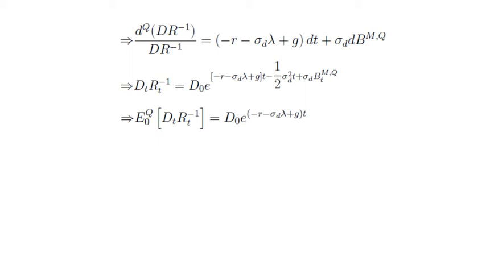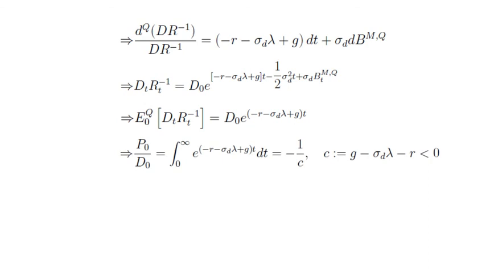So going back to the pricing relationship, we therefore know that the price divided by dividends needs to be the integral of that exponential expression here. Now let's define the exponent to be a constant c. So it coincides with g minus sigma D lambda minus r. We assume it's negative so that the integral is well defined.